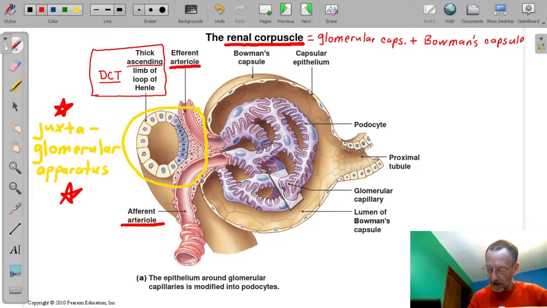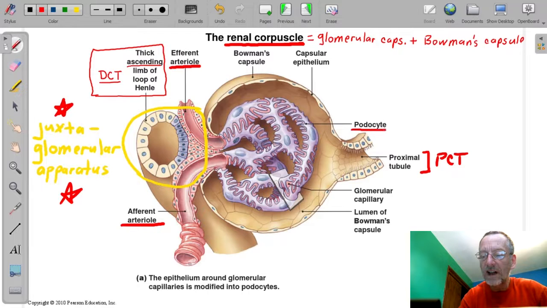So, a couple other things to introduce. Well, here is our proximal tubule, or our PCT, proximal convoluted tubule, same thing. The podocytes, the next slide shows those. They are modified endothelial cells that wrap around the capillary.